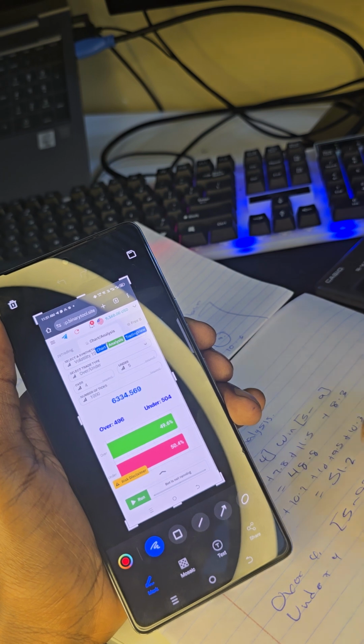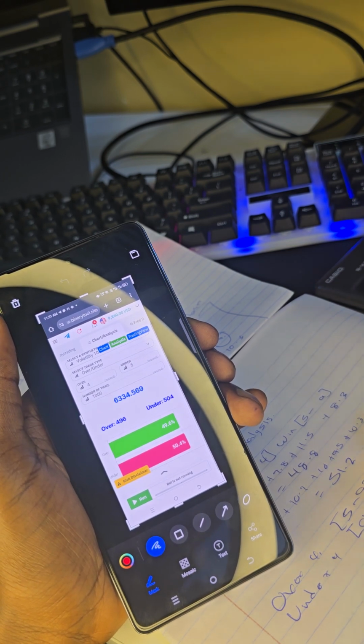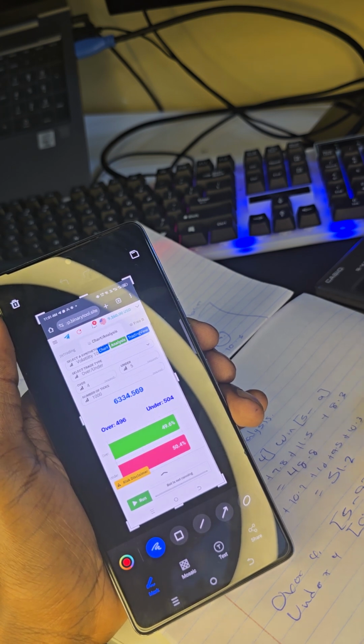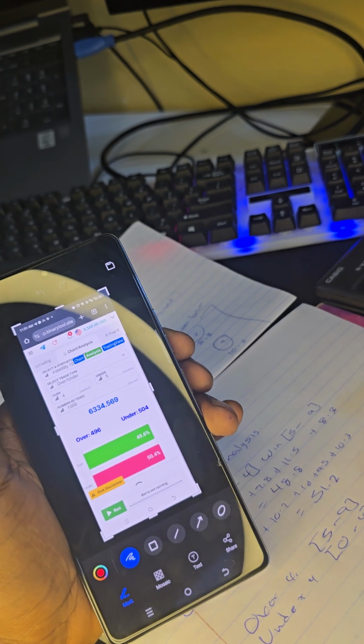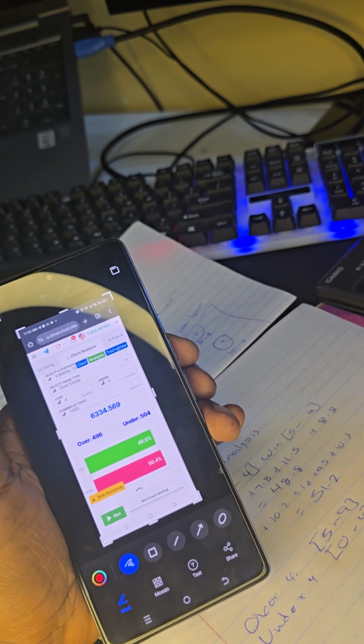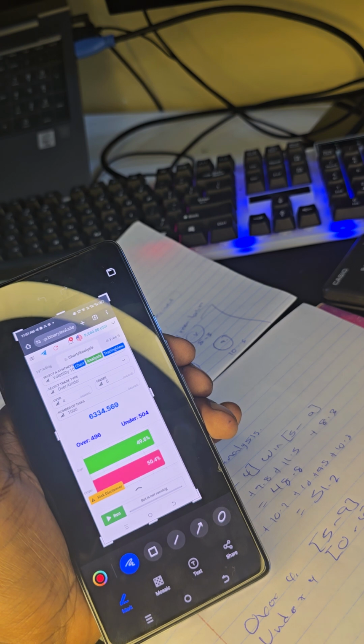Na the digits below 4, that is from 0 to 4, that is itatuonesha ni how many percent, tunaambiwa ni 504. So the probability that the next digit can be above 4, tunaambiwa ni 49.6%.